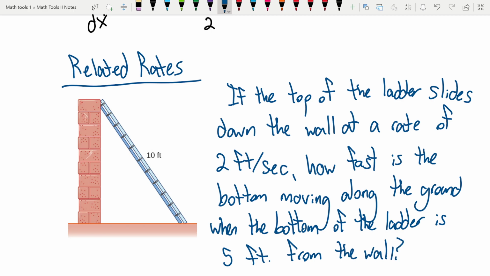Okay. So it's asking about an instantaneous rate of change, right?